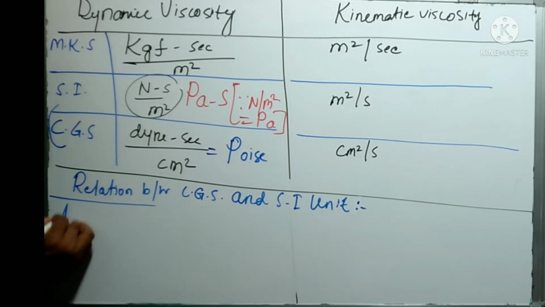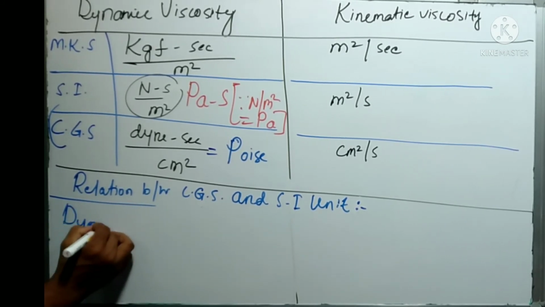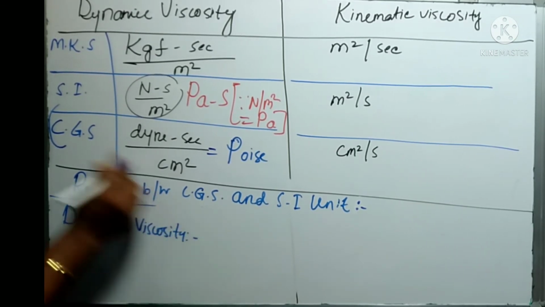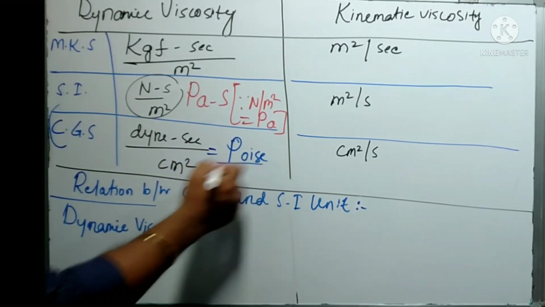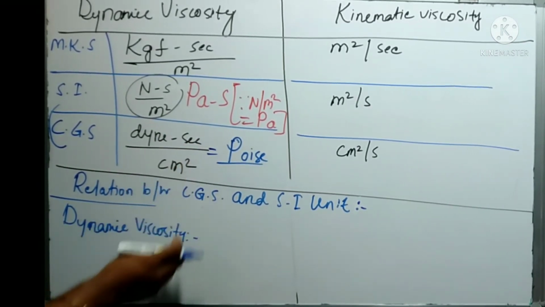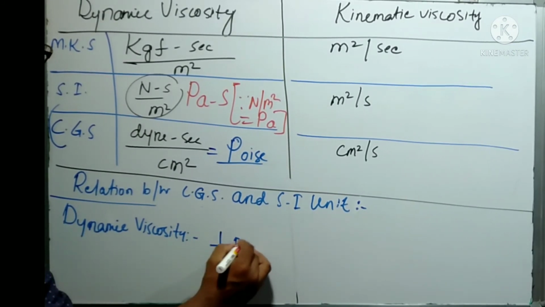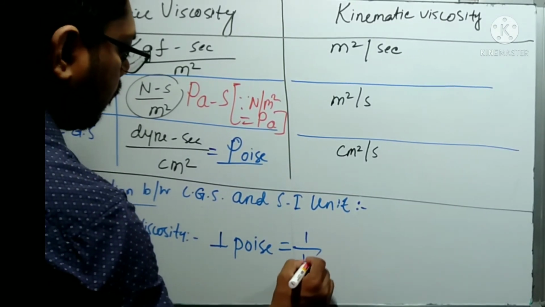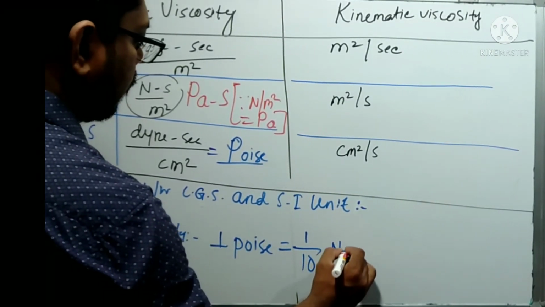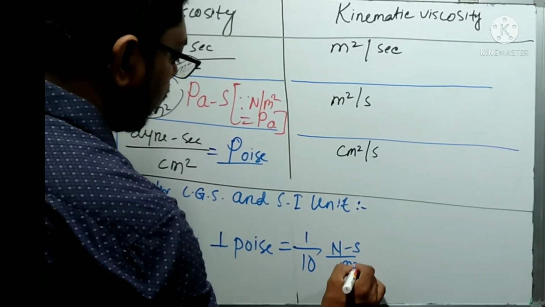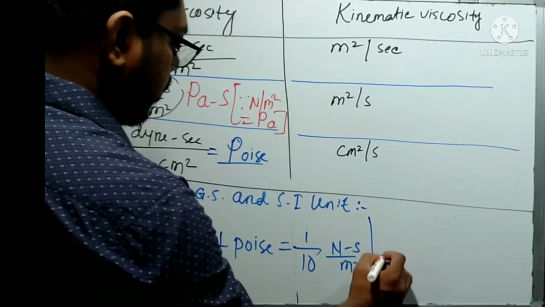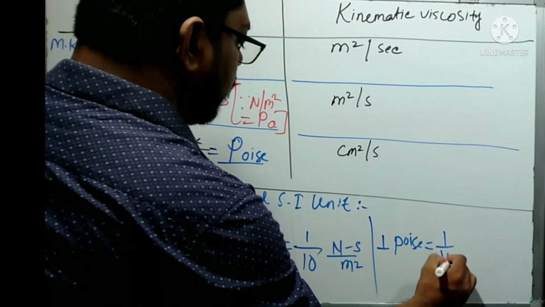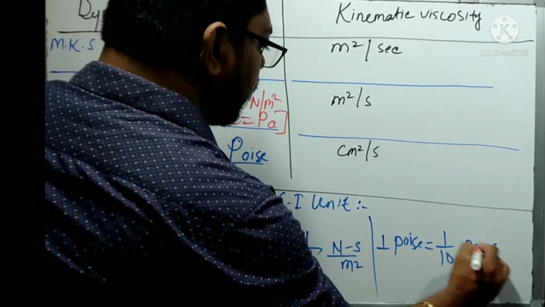Look, in the case of dynamic viscosity, the CGS unit is poise, that is 1 dyne second per centimeter square, or 1 poise. This 1 poise is equal to 1 by 10 Newton second per meter square, or we can also say 1 poise is equal to 1 by 10 Pascal second.